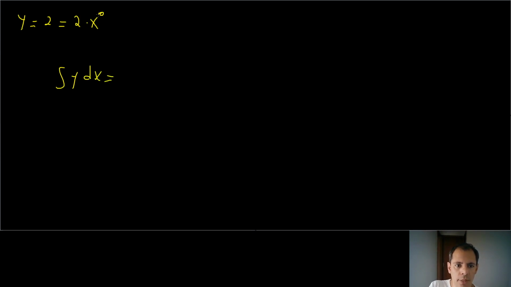Well, you have to increase this exponent by 1, okay? So it's going to be 2 times x to the 1, because 0 plus 1 equals 1. And then you have to divide by this sum, 0 plus 1 equals 1. So we have to divide by this 1, which gives 2x. So the integration of y with respect to x is 2x plus c. Never forget the c, okay?